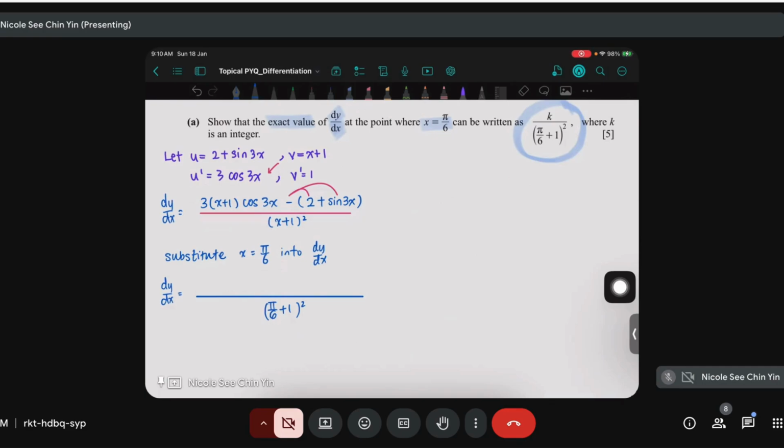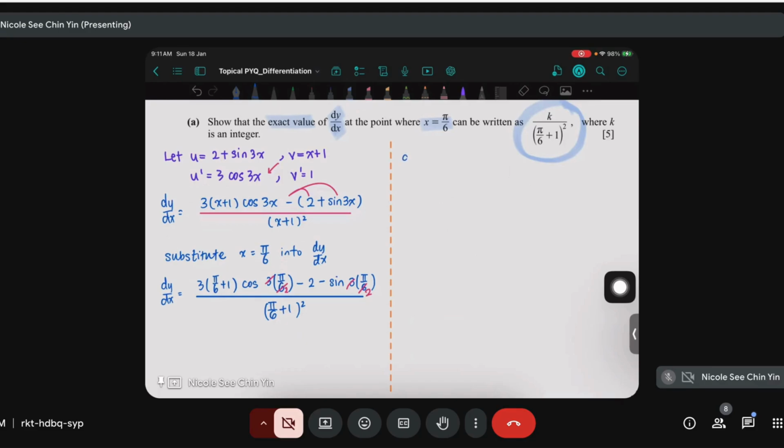For the top here, I got 3 bracket pi over 6 plus 1, cos 3 bracket pi over 6, minus, I expand it out, 2 and minus sine 3 bracket pi over 6. Simplify this, I get cos pi over 2. Simplify this, I get sine pi over 2. So we move on to the next part.